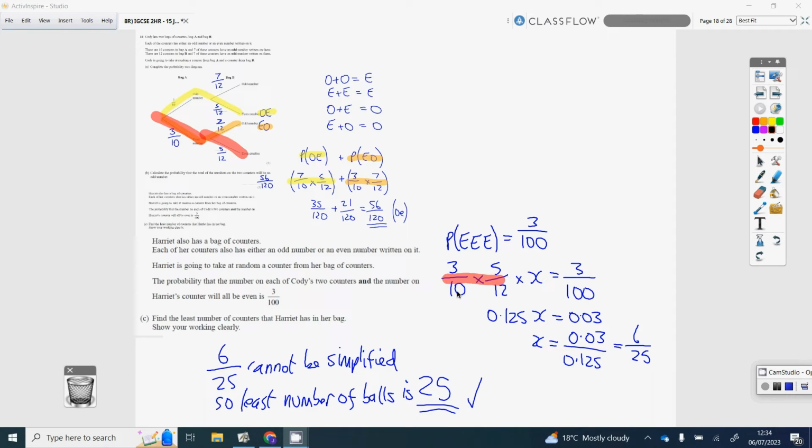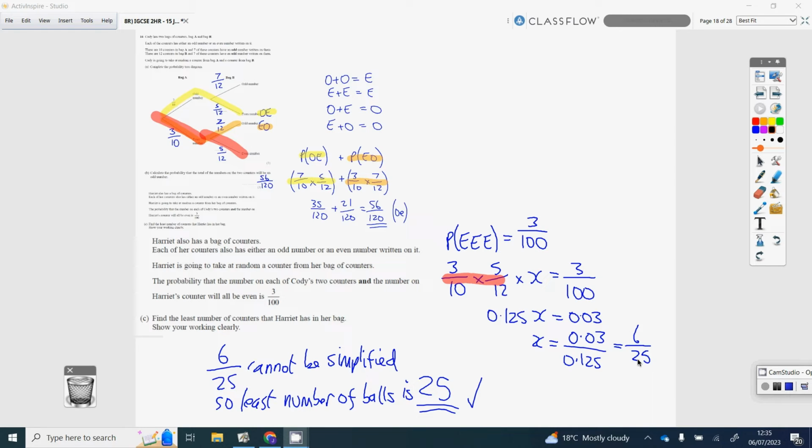So just pop it into your calculator. 3 over 10 times 5 over 12 is 0.125. And obviously 3 over 100 is 0.03. So divide both sides by 0.125 and we get the probability of Harriet getting an even being 6 over 25.